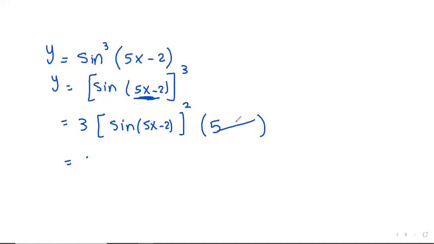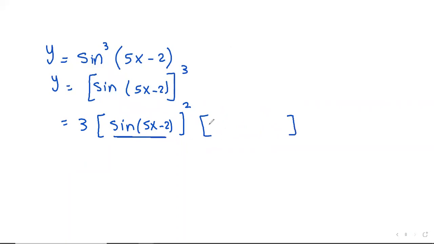Sorry, we made a mistake. We forgot to multiply by the derivative of sine 5x minus 2. So once again, it's 3 multiplied by sine 5x minus 2 all to the power of 2 multiplied by the derivative of sine 5x minus 2.